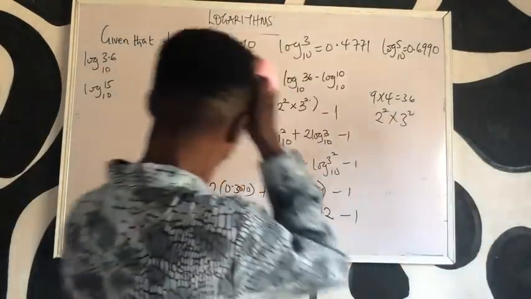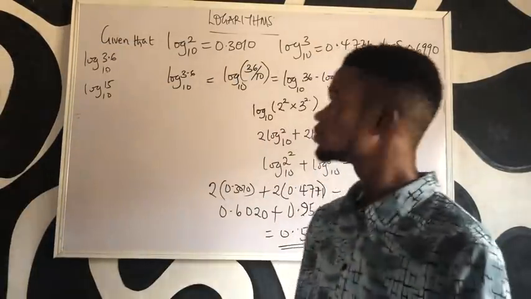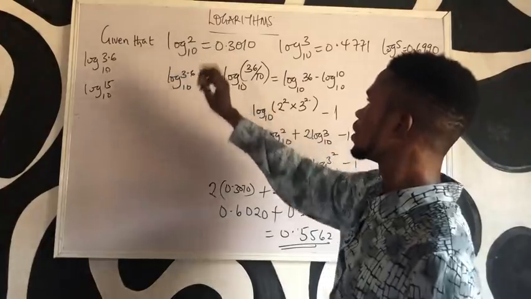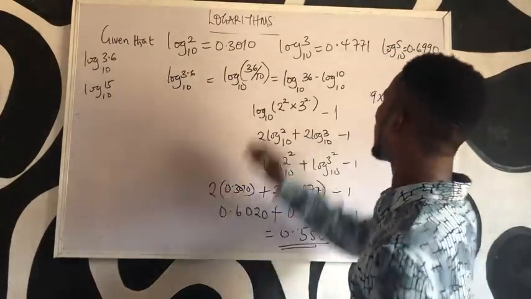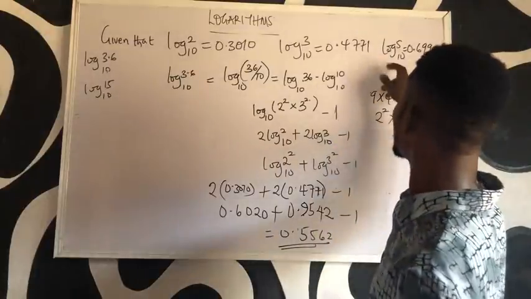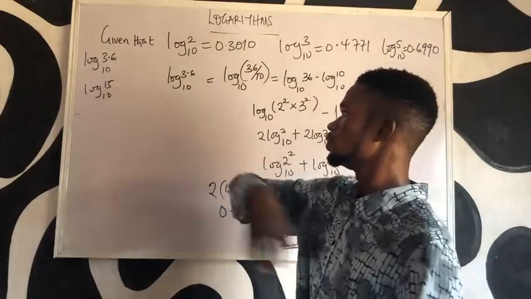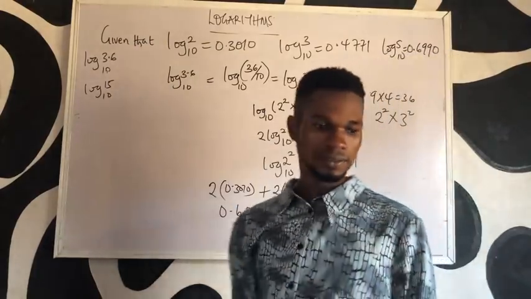So we're given log 3.6 without using table. Log 2 base 10 is 0.3010, log 3 base 10 is 0.4771, and log 5 base 10 is 0.6990, which we don't need to evaluate log 3.6.